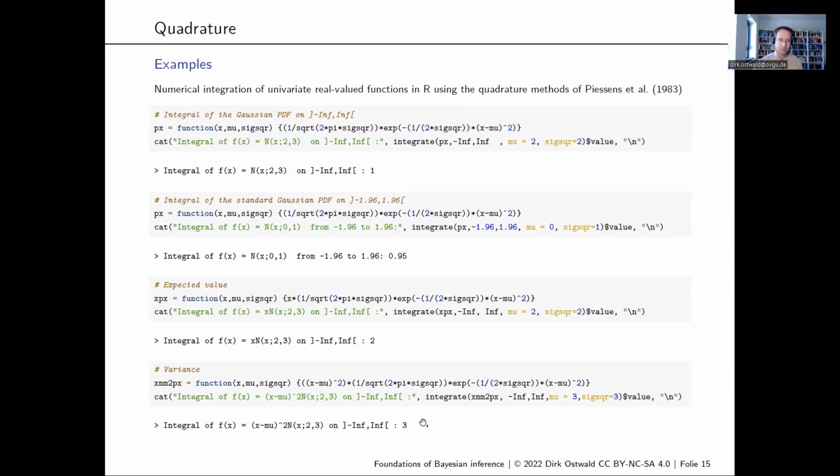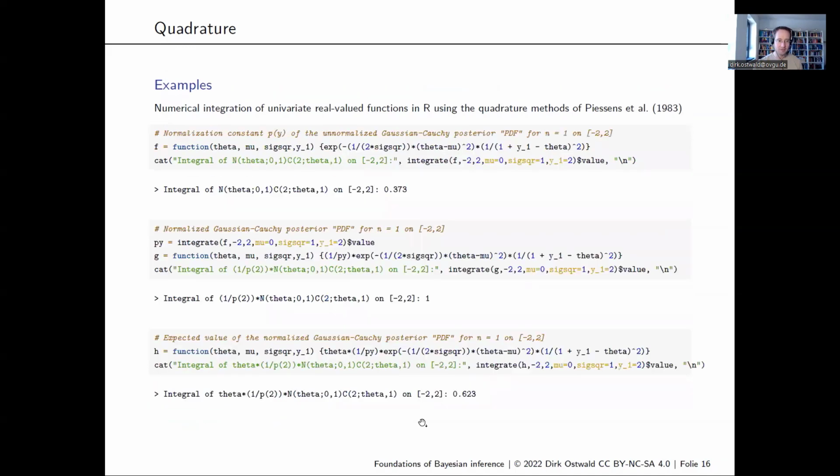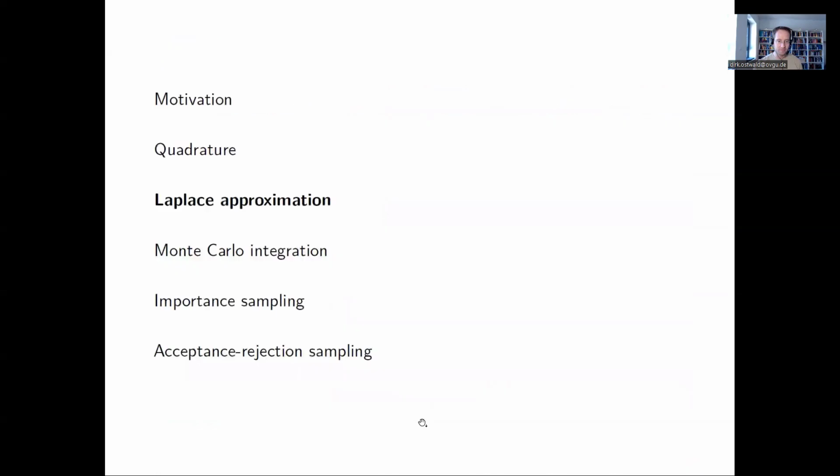Yeah, so that was me trying to give an example for integration using quadrature, which, if you think about it, does not really help in this case because you can't really solve this in proper integral.